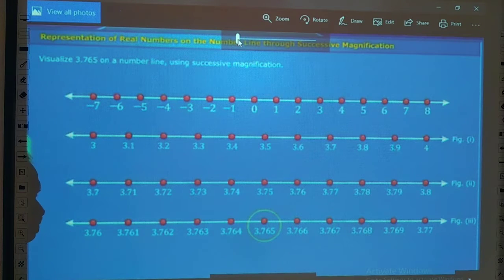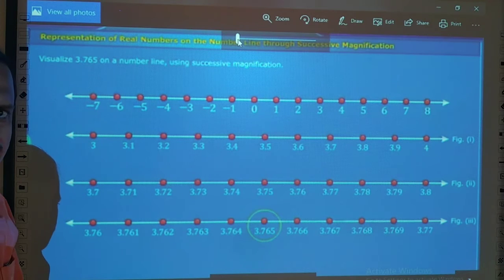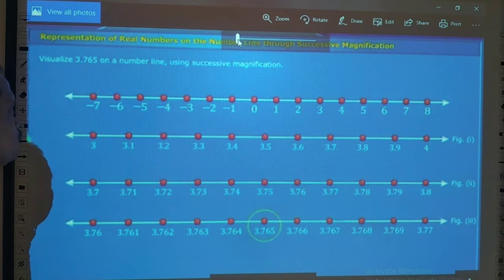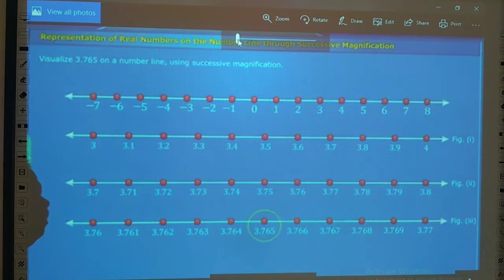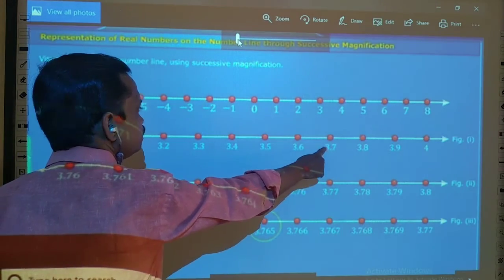In the decimal number 3.765, listen carefully, 7 is in the 10th place, 6 is in the 100th place, 5 in the 1000th place. And now you look at 7. So 3.7 is here.